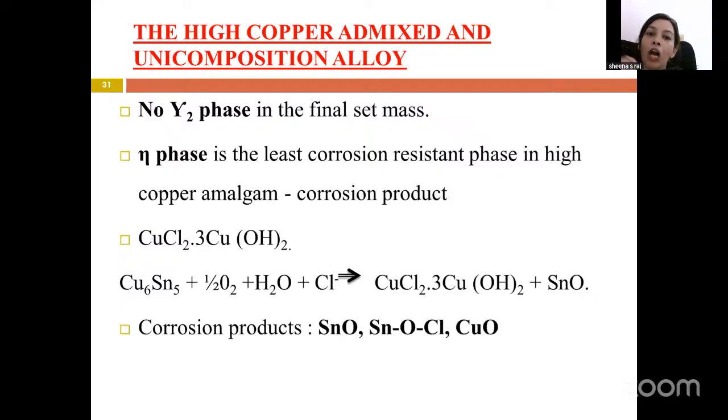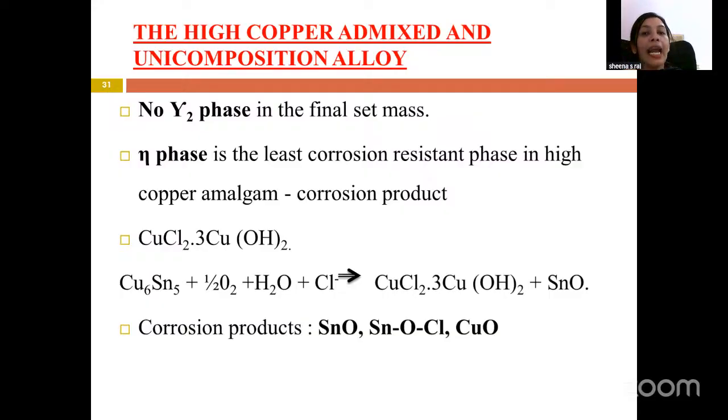Talking about high copper, we know there is no gamma 2 phase. It got eliminated and a new phase formed, that is the eta phase, which is more corrosion resistant and makes the amalgam stronger. But still, certain corrosion products are formed in high copper, so please don't get confused. In low copper, it is tin oxychloride.